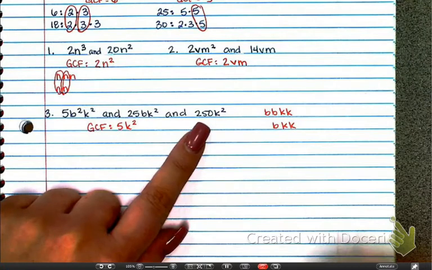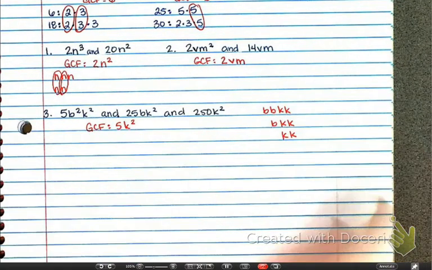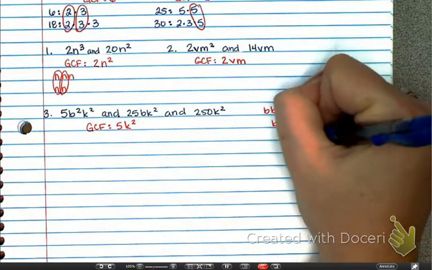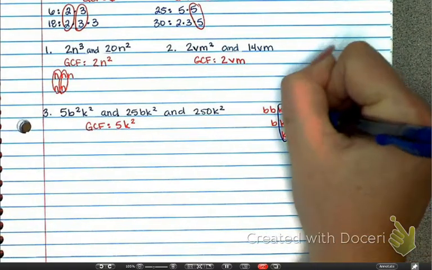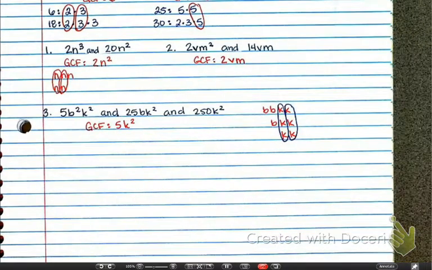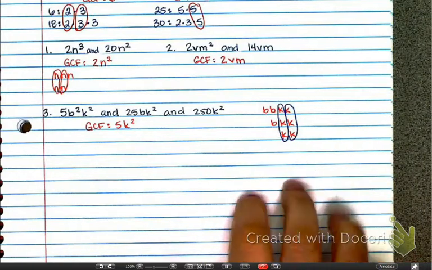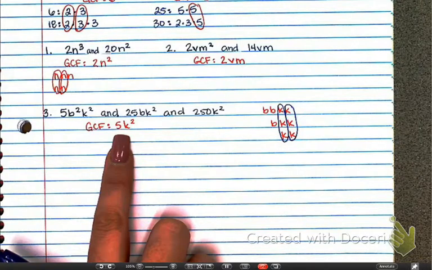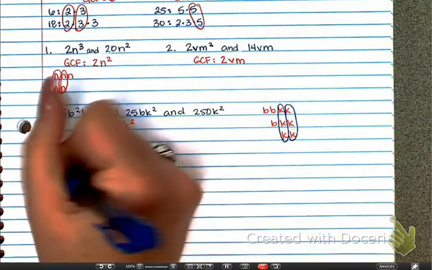My third term has 2 k's. You have to look at what all 3 have in common. All 3 of them have a k and another k. K times k gives me k squared. Okay, you are looking at what all 3 of them have in common. So try this one.